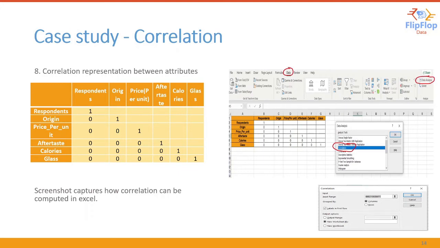Here is one screenshot also attached which shows how you can compute the correlation. Basically, in Excel, from the data tab, when you click on data analysis, it gives you the option to select what kind of analysis you want to do. Here correlation has been chosen and the identified cells are considered. According to that, correlation is computed.